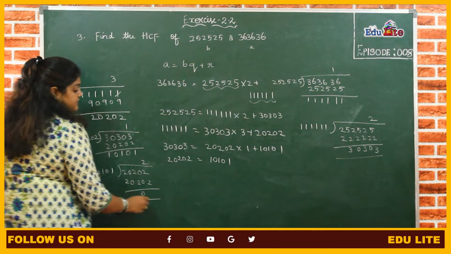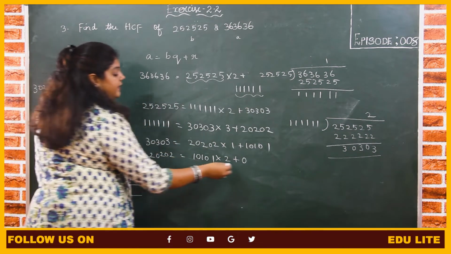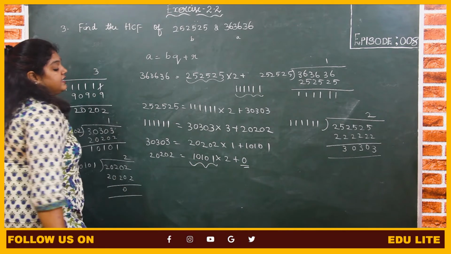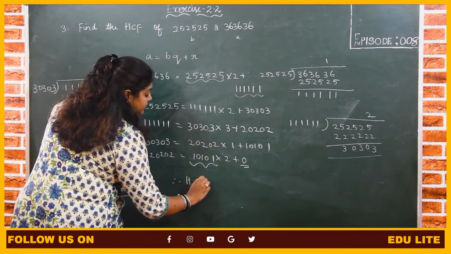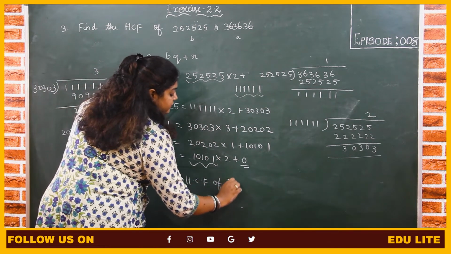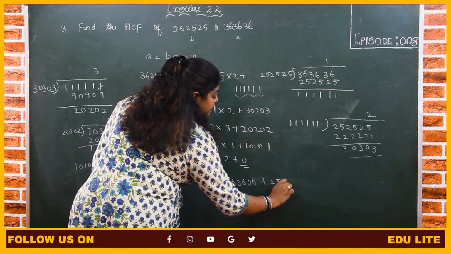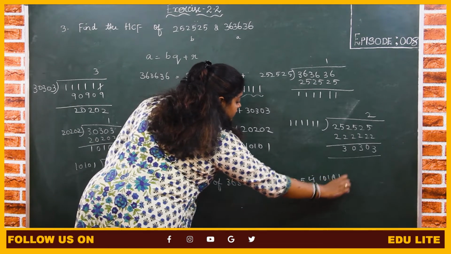The remainder is 0, so 1010101 into 2 plus 0. So we have got the remainder as 0. At this point, the divisor will be considered as the HCF of the two numbers. Therefore, the HCF of 36 and 252525 is 1010101.